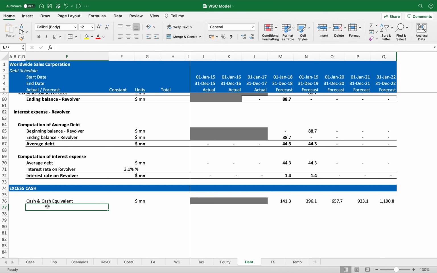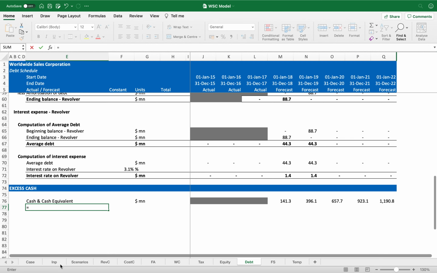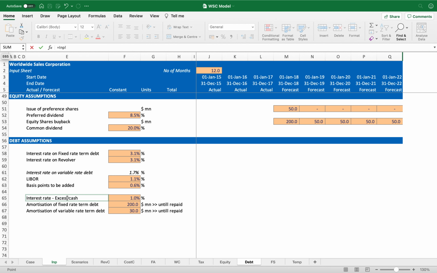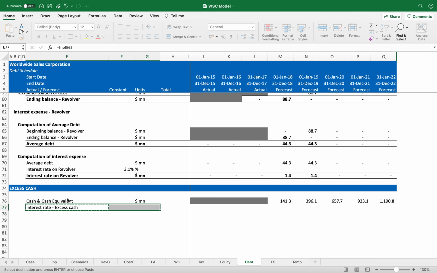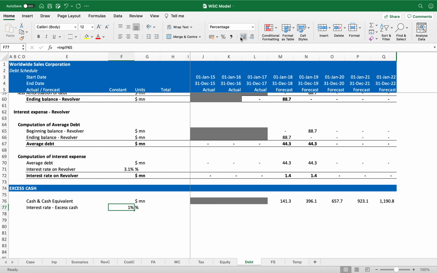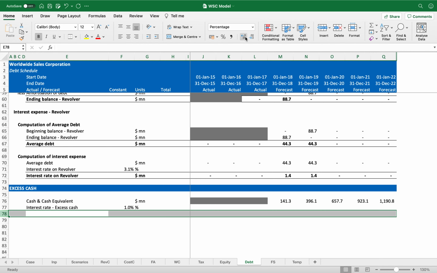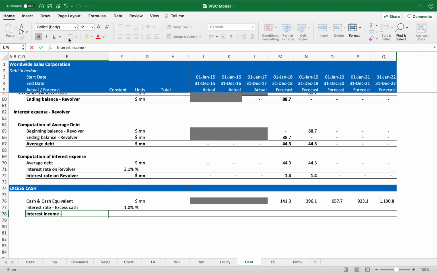Cash and cash equivalent, this much. Then I have an interest income on excess cash, which is nothing but 1%. So what is your interest income on excess cash? Simple.